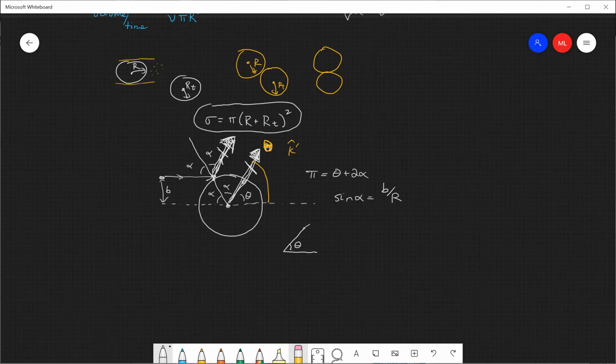This theta here, if we think about what this is, this would be the impact parameter divided by, oh, sorry, this is the radius.